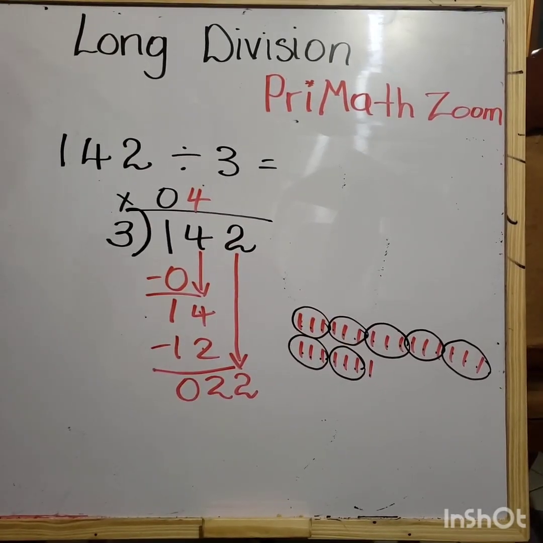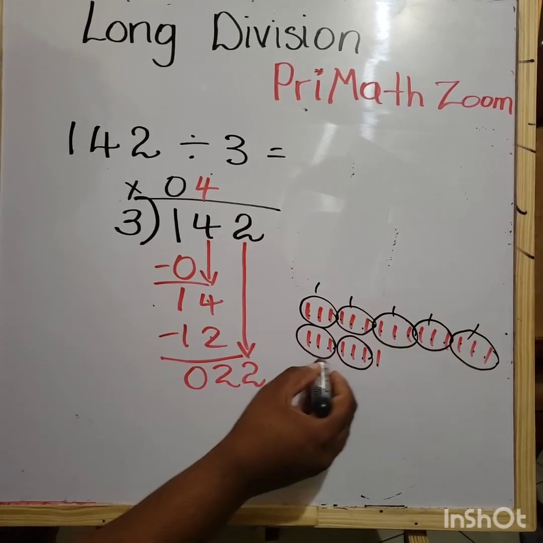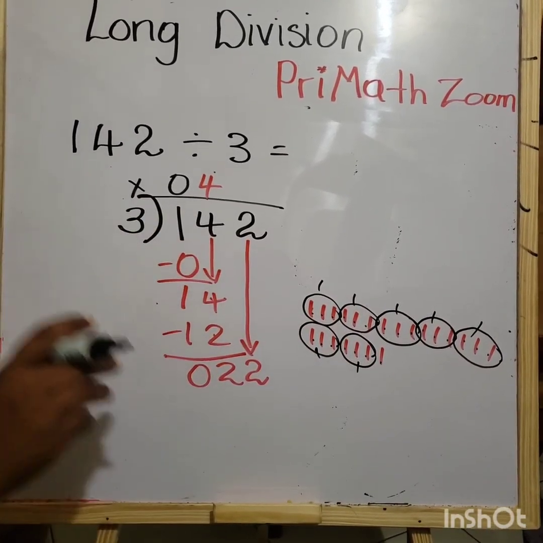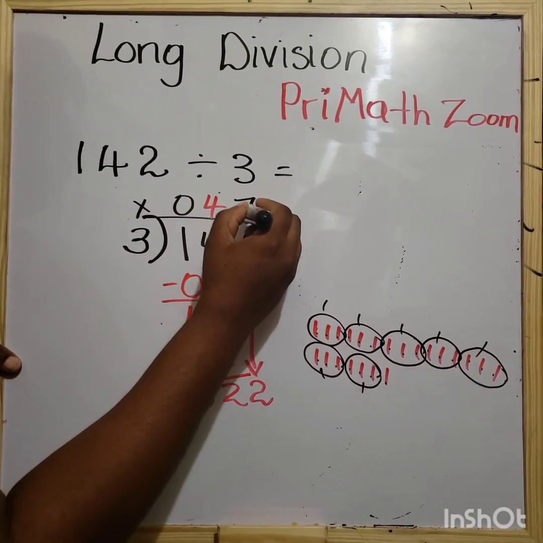So let's see how many groups of 3 we got. 1, 2, 3, 4, 5, 6, 7. So now we know that in 22 we can get 7 groups of 3.